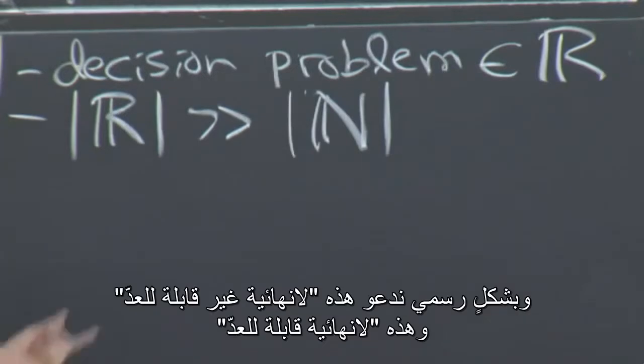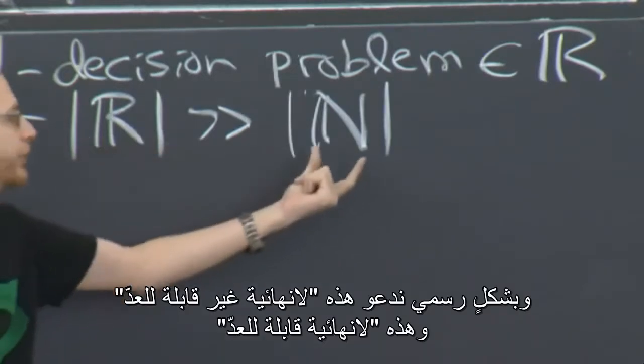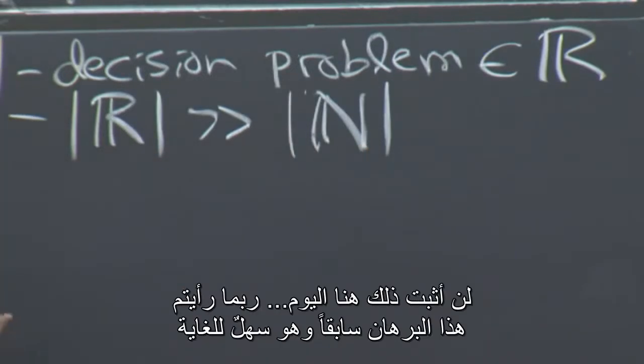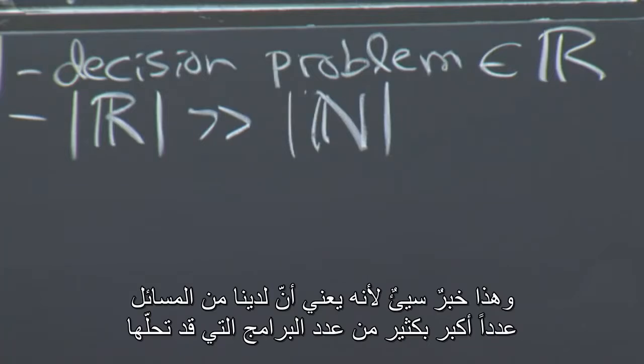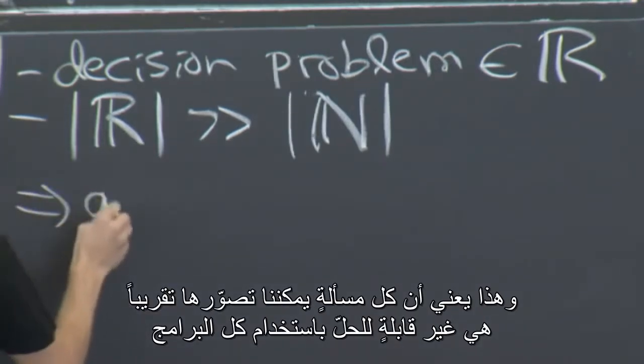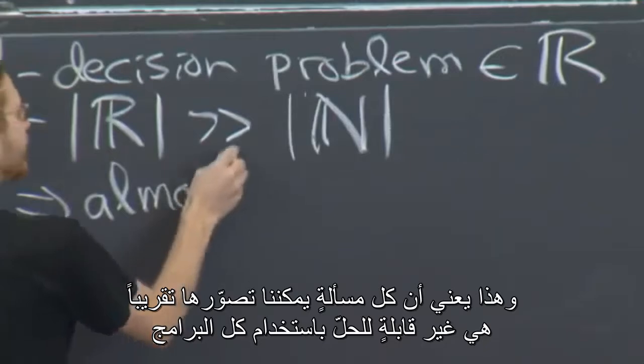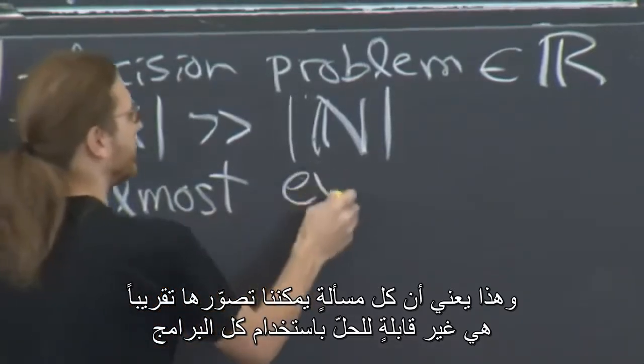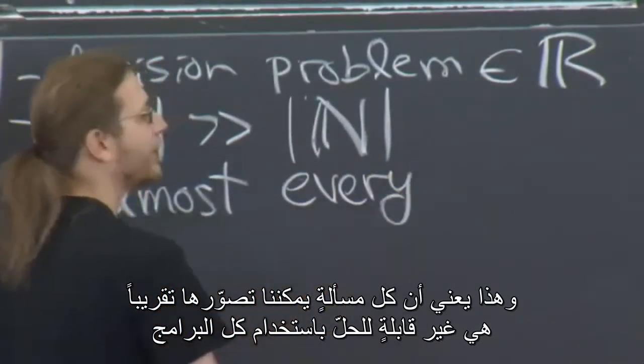In a formal sense, we call this one uncountably infinite, and this one is countably infinite. I'm not going to prove that here today. You may have seen that proof. It's pretty simple. And that's bad news. That means that there are way more problems than there are programs to solve them. And so this means almost every problem that we could conceive of is unsolvable by every program.